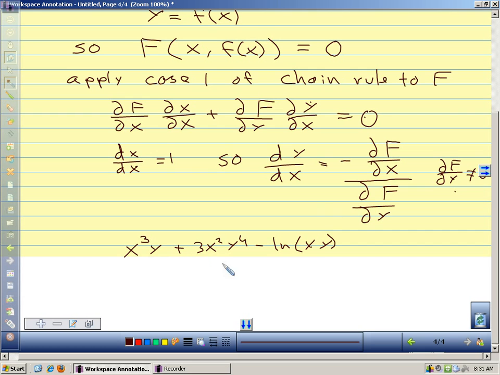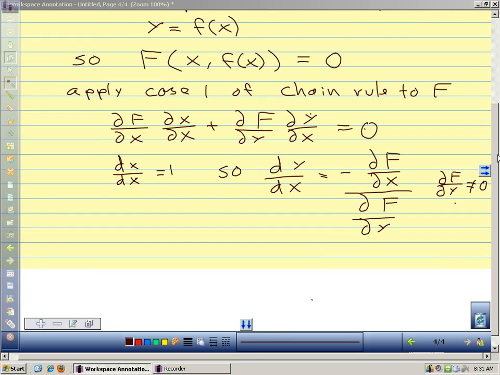The way we did it before, you would have to do implicit differentiation on this particular function and solve for y prime. That would be kind of ugly. But with this simplification, using partial derivatives, we have a much easier way to do this. I'm not going to do that problem.